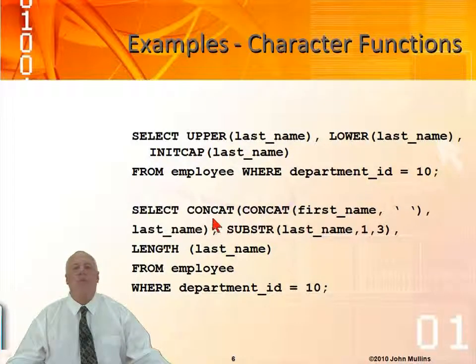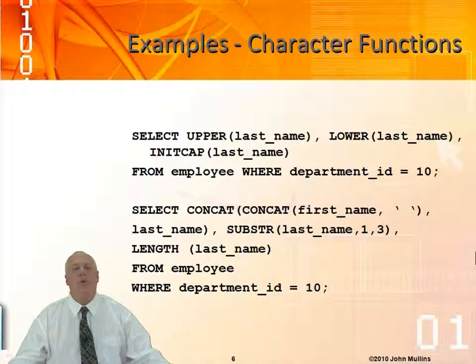If you have one function inside another function, the innermost function will run first, get its results, and pass it to the outer function. So what we're doing here is we're going to take first name and add a space to it, and then we're going to take that and append the last name. So the result of that first concat is the first name, then a space, and then the last name.